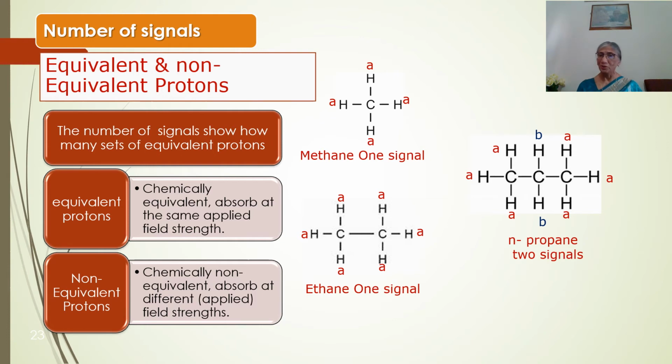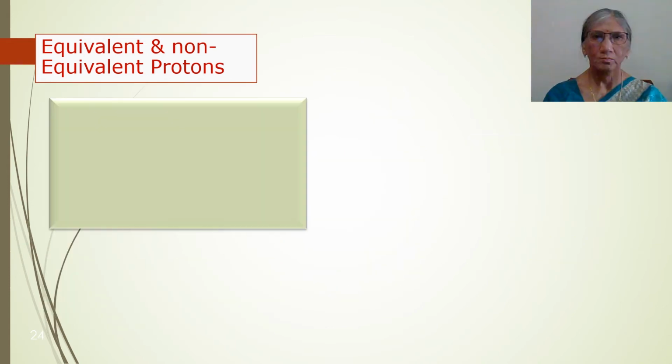They are non-equivalent protons: 6 protons are equivalent and 2 protons are again equivalent, but A and B are non-equivalent. So the meaning of equivalent and non-equivalent here is chemically equivalent and chemically non-equivalent protons. We will discuss chemical equivalence and chemical non-equivalence in detail in further slides.